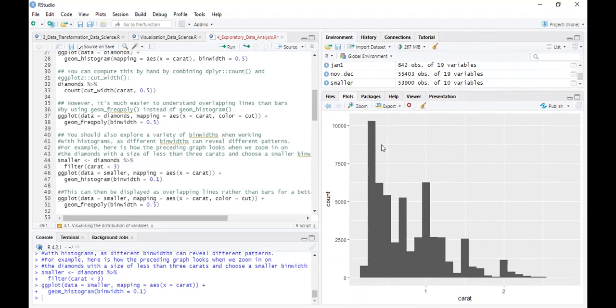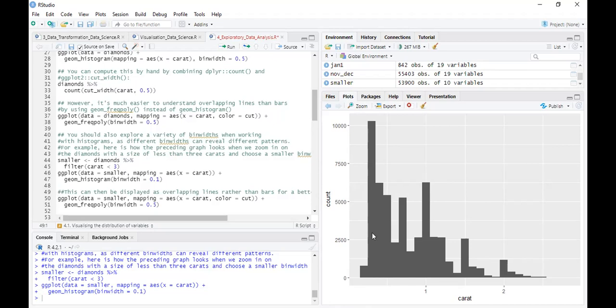You can completely see that there's some skewedness to the right-hand side, and again here, and again here, and again here. So this graph already tells us that there are subpopulations or subgroups within how the carats are counted, or how many groups of carats there are.